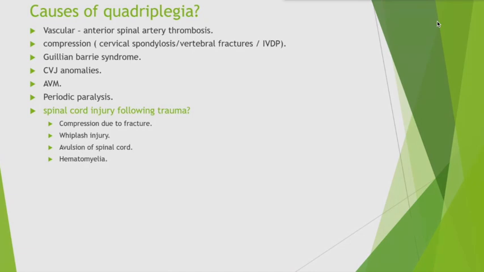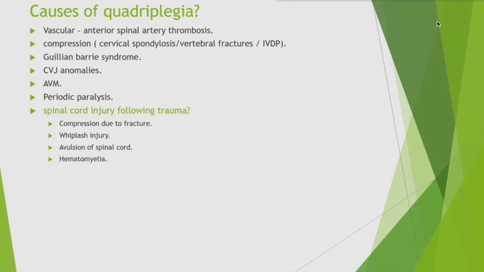So what is hematomyelia? Bleeding into the spinal cord. Okay. So these are the mechanisms by which the spinal cord is affected following trauma.